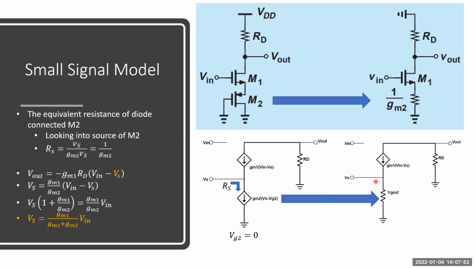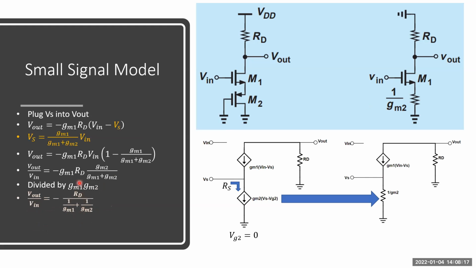Vs can be expressed as 1 over gm2 multiplied by gm1 times (Vin minus Vs). Now let's take the Vs terms to one side. Then Vs can be expressed as gm1 divided by (gm1 plus gm2) times Vin.